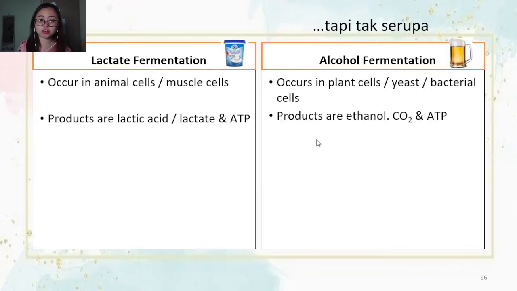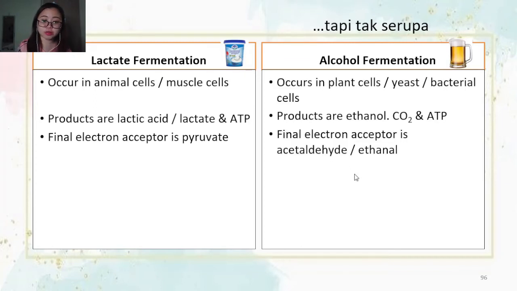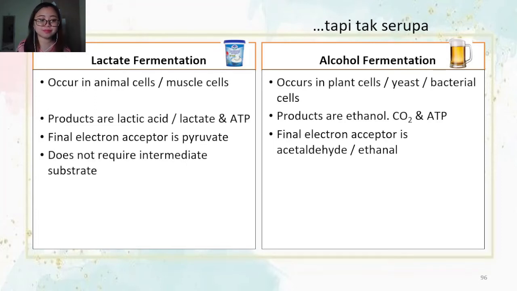Whereas in alcohol fermentation, the products are ethanol, carbon dioxide, and ATP. In lactate fermentation, the final electron acceptor is pyruvate, whereas in alcohol fermentation, the final electron acceptor is acetaldehyde, also called ethanol.